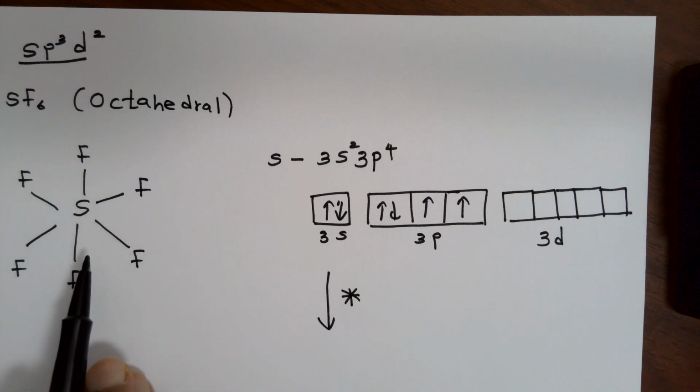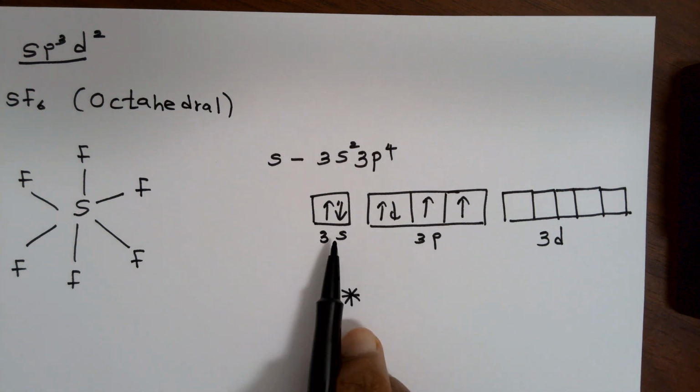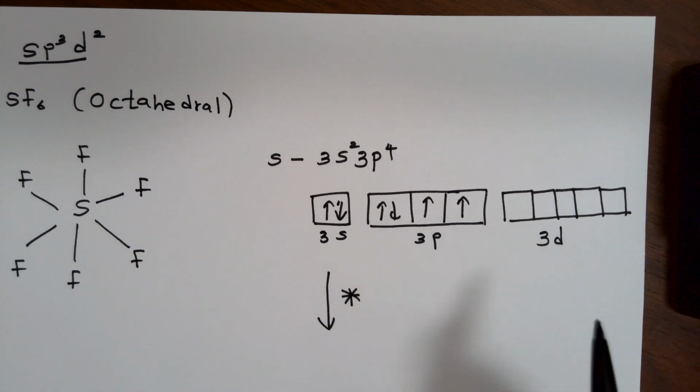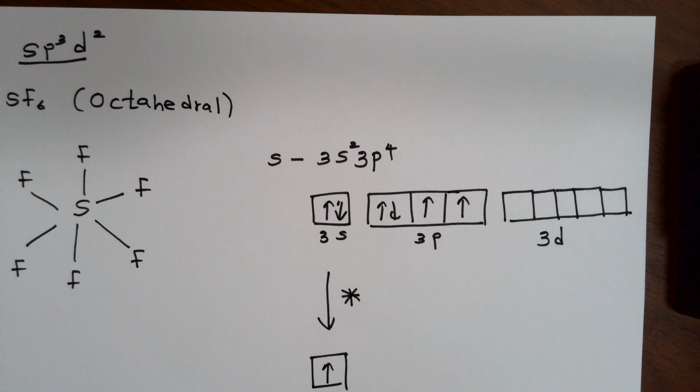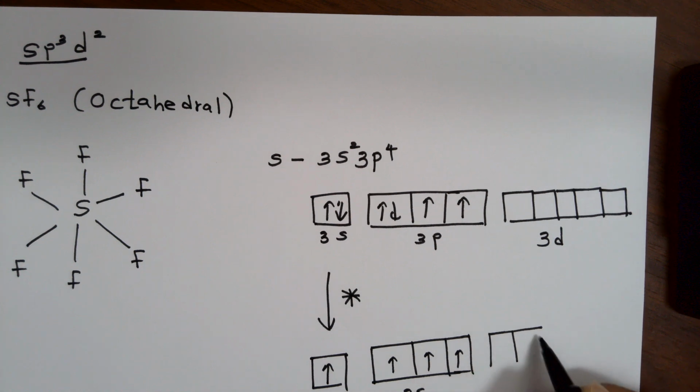So then we need 6 singly occupied electrons. Therefore we promote one of the 3s and one of the 3p electrons to the 3d level. Then it looks like 1 electron remains in the 3s orbital, and in the 3p all are singly occupied now, because 1 electron from 3s and 1 electron from 3p we promoted to the d level.